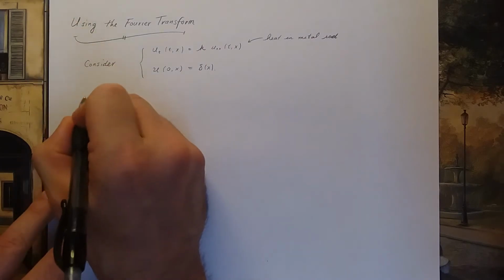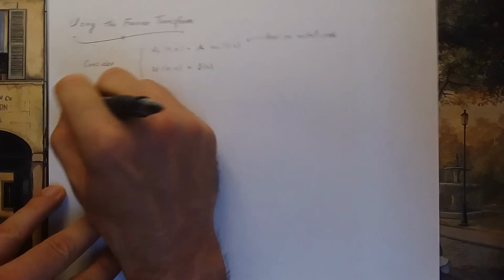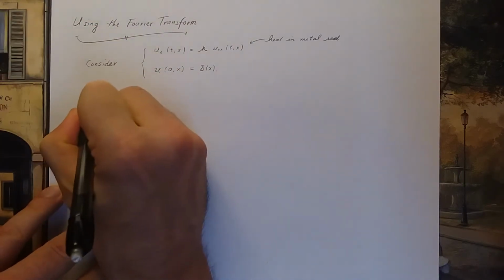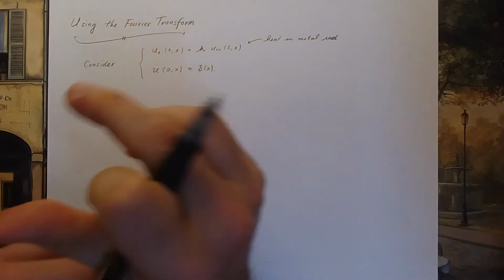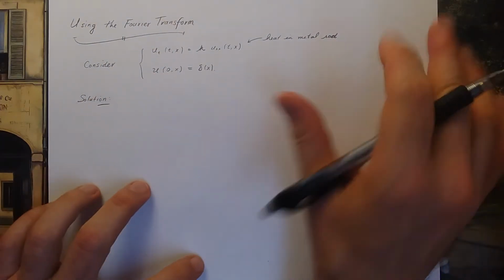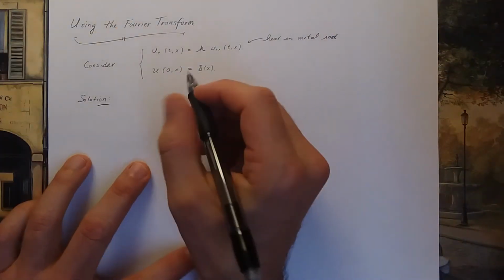So watch this. Here's my solution. I'm going to start in the same way that we were solving differential equations with the Laplace transform. I'm going to start with just applying the Fourier transform everywhere.